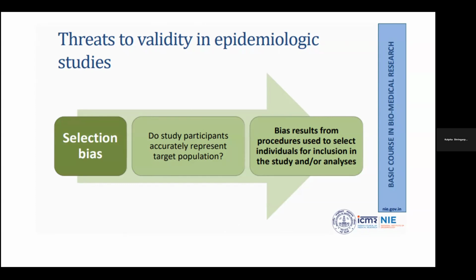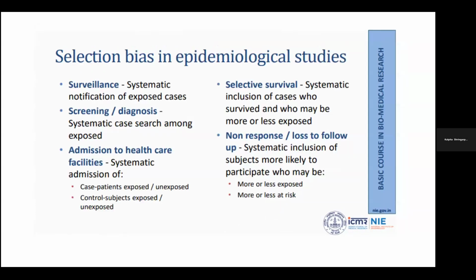And wherein can this selection bias occur? In epidemiological studies, it could be in surveillance cases where there is notification of only the exposed cases and no controls or no other comparison group is present. It could be in screening or diagnostic studies where I'm just looking at active case searching among only those who are exposed.